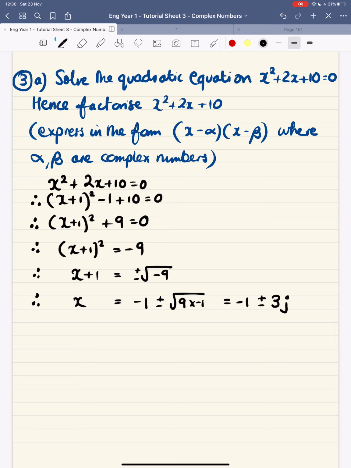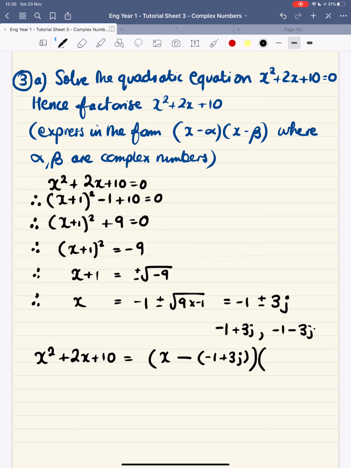So we've got x is minus 1 plus 3j, or minus 1 minus 3j. So we can factorise x squared plus 2x plus 10 as x minus minus 1 plus 3j, times, because when you've got the roots, it's always minus the root.